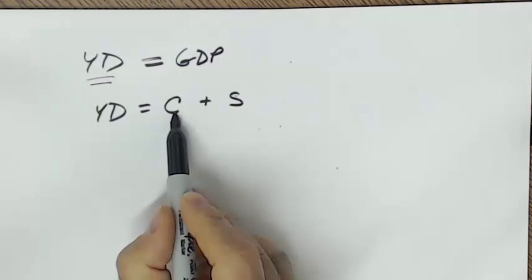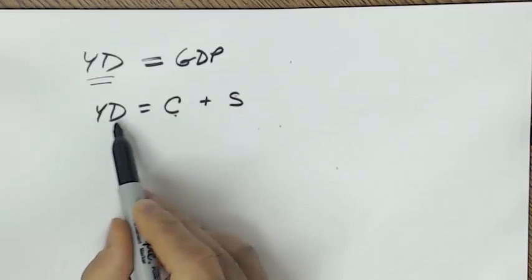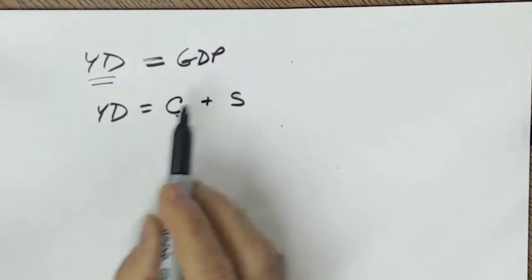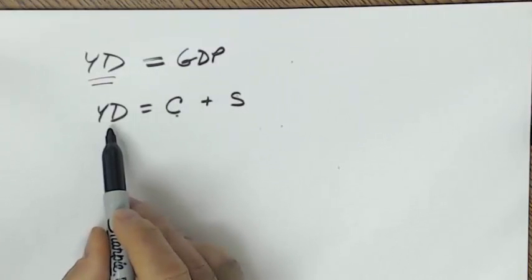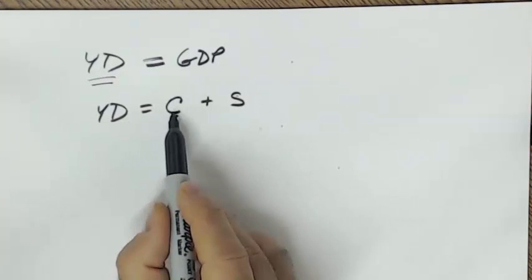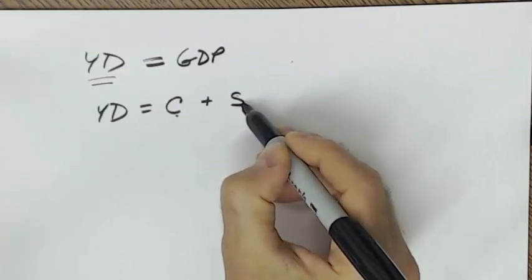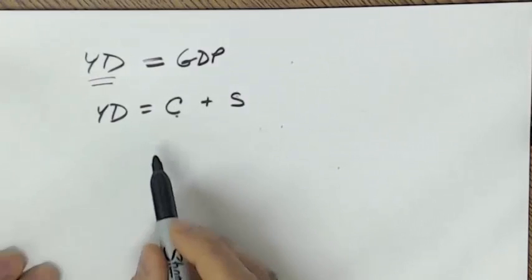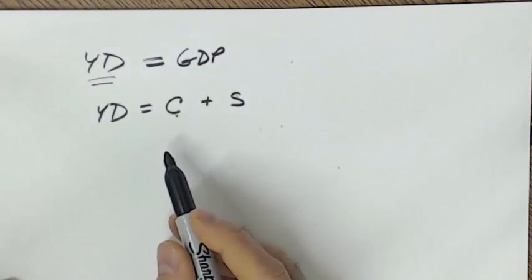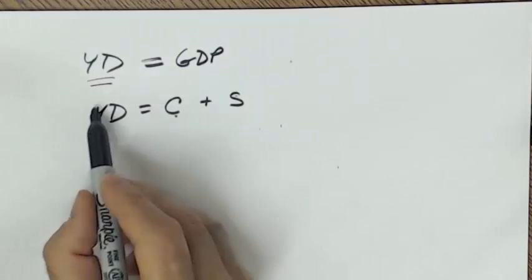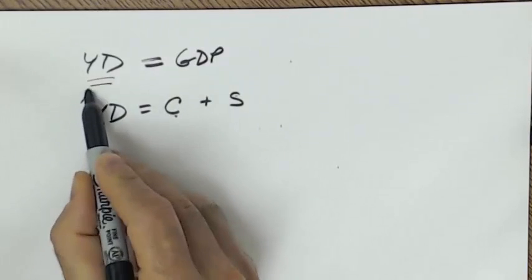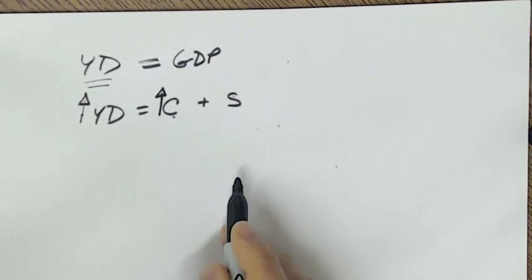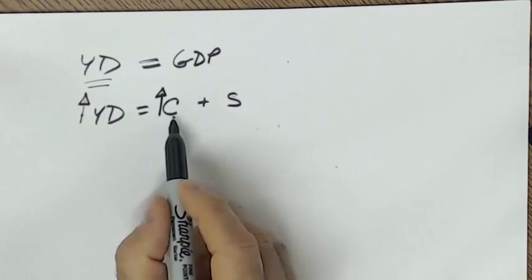You can consume the income that you get, or you can save it. Every dollar that you get in disposable income ends up increasing your consumption or your savings. So what we want to look at is, when your disposable income goes up, how much does your consumption go up? And try to measure that.